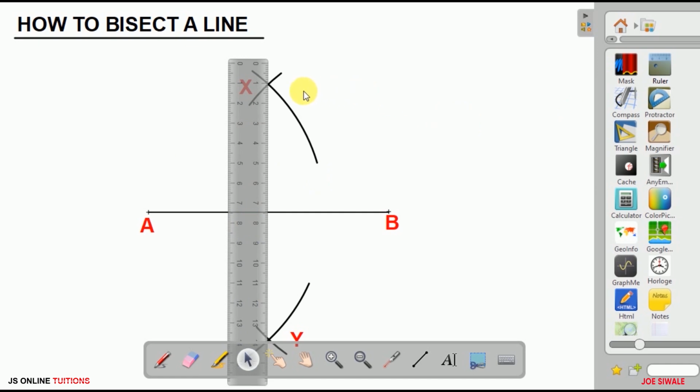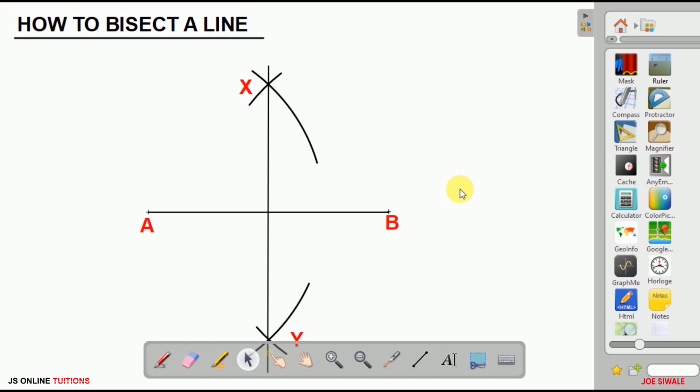So the line is supposed to pass through X and Y. So let us draw that line. So the line that passes through X and Y is the perpendicular bisector of line AB. So when you do that, that means you have bisected line AB.